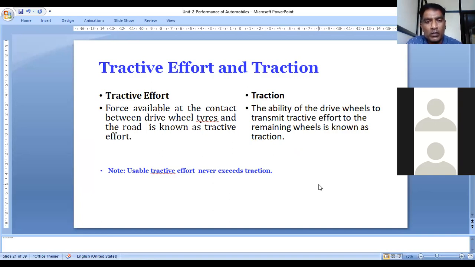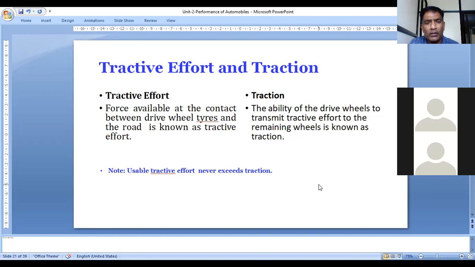Then the second term related to tractive effort, that is traction. What is traction? The ability of the drive wheels, the wheels which are powered, to transmit the tractive effort to the remaining wheels is known as traction.